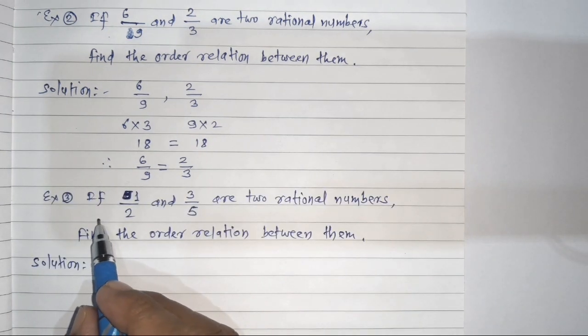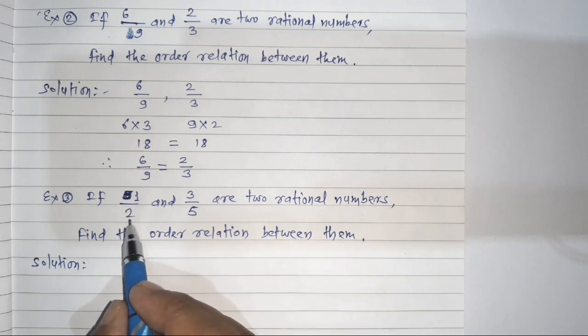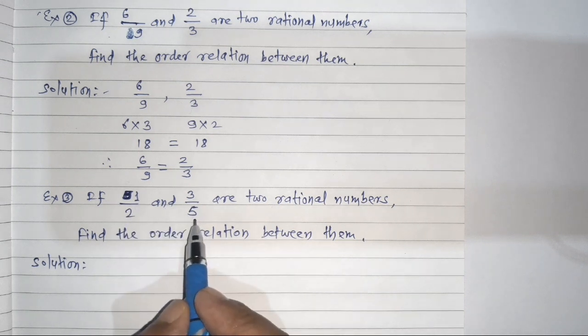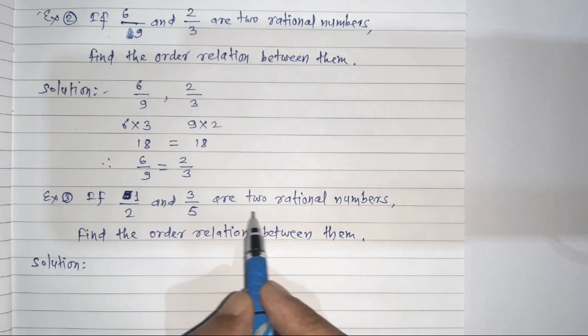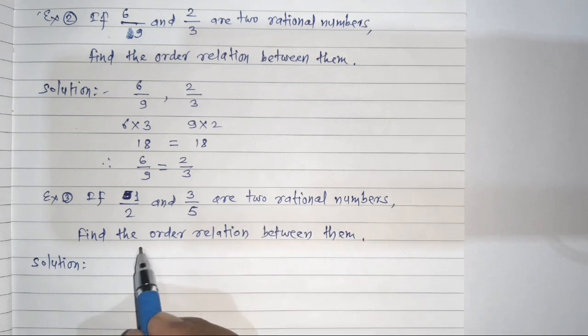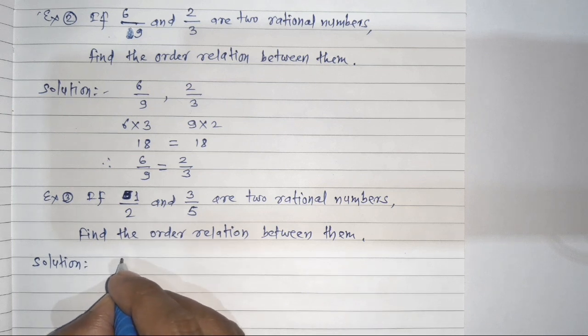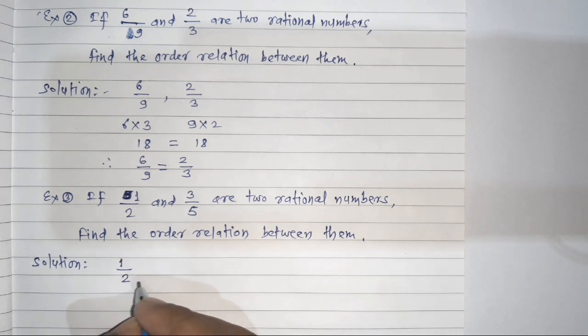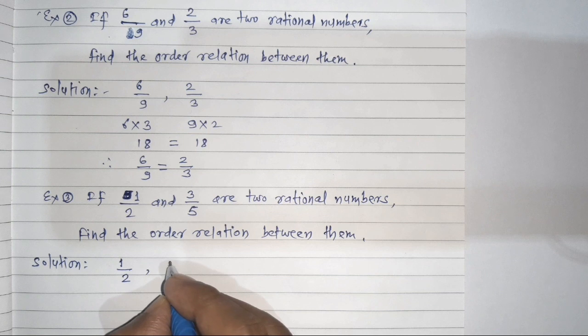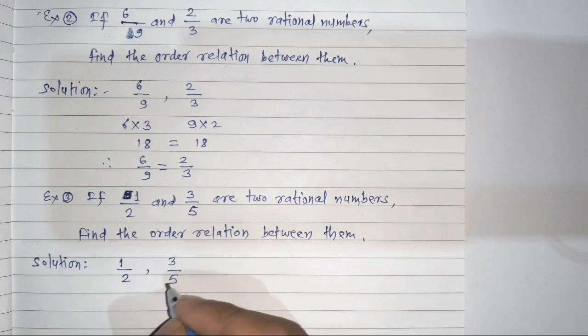Next example: if 1 upon 2 and 3 upon 5 are two rational numbers, find the order relation between them. Let me take both rational numbers, 1 upon 2 and 3 upon 5.